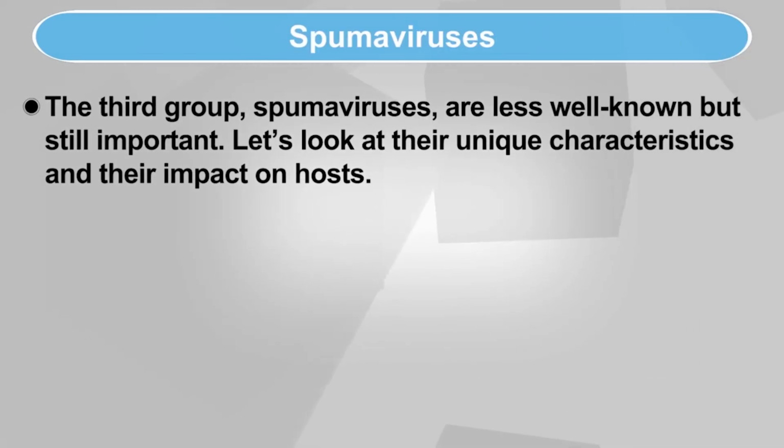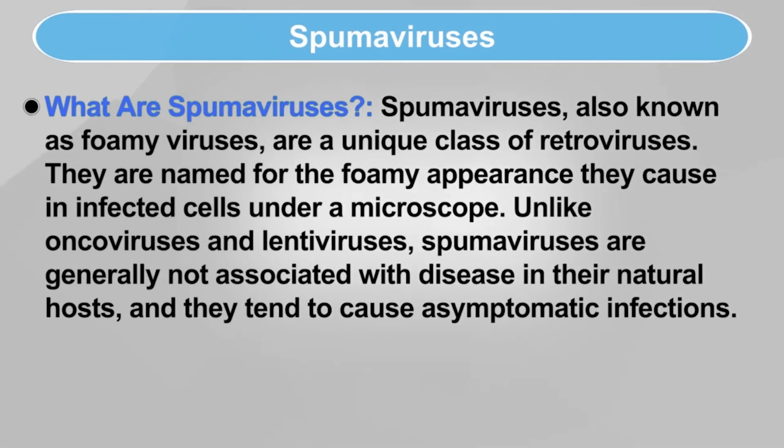The next category is spuma viruses. The third group, spuma viruses, are less known but still important. Spuma viruses, also known as foamy viruses, are a unique class of retroviruses.